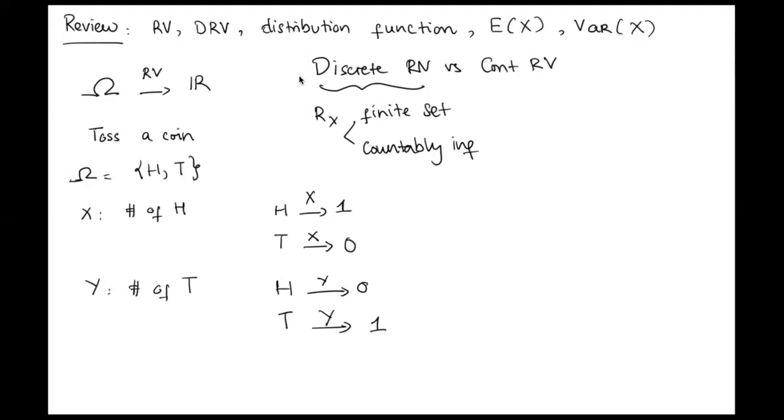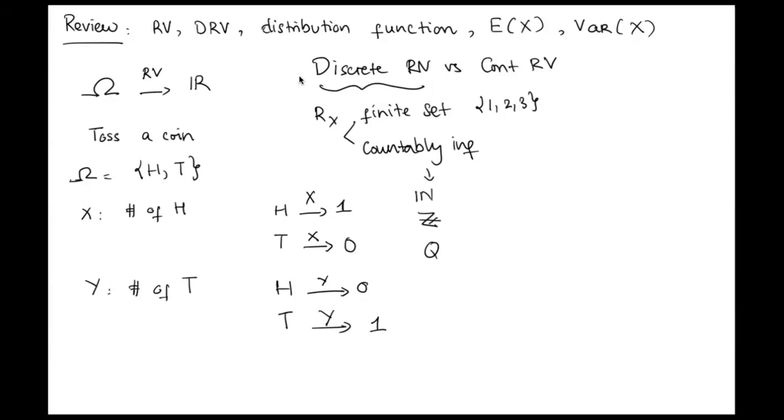A finite set is just a set consisting of a finite number of elements. For example, the set 1, 2, 3. It will stop at some point. Countably infinite, which we talked about in the beginning of the course, is some set like natural numbers, integers, rational numbers.